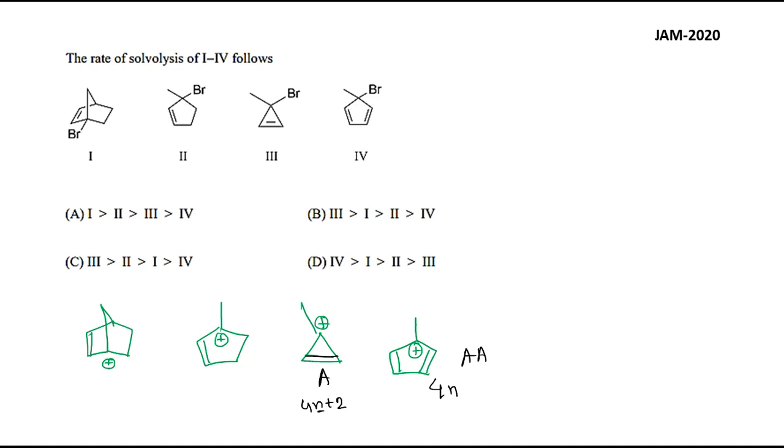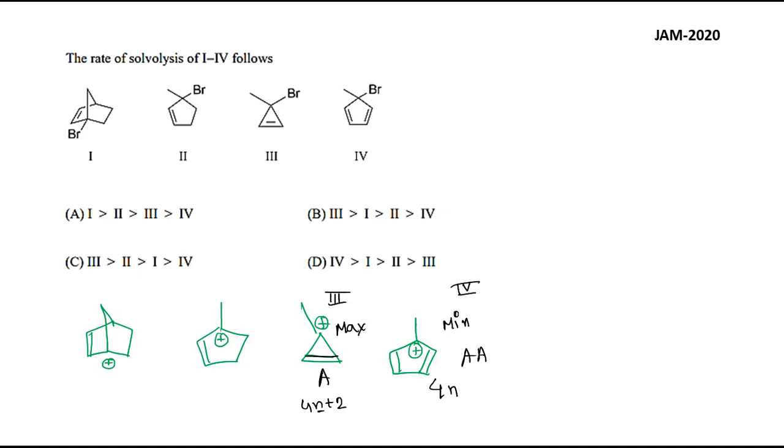Now for aromatic you have to give priority over whether there is hyperconjugation or resonance. Aromaticity will always get priority. So that is why this will be showing maximum stability, this will be showing minimum stability, because anti-aromatic is very, very unstable. Now this is 3, so 3 will be at the maximum position, 4 will be at last.